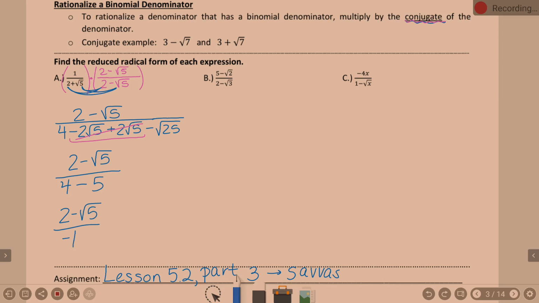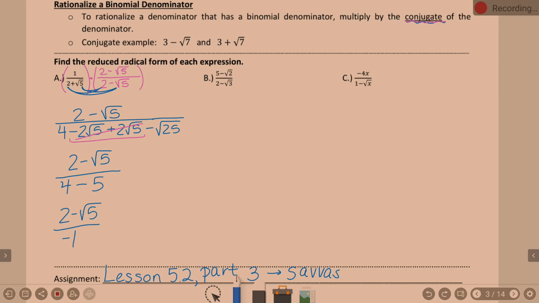Now, go one more step. Don't leave your answer like this. You're dividing these by negative 1. Can you divide both of those terms on top by negative 1? Yeah, we can divide anything by negative 1. So what is 2 divided by negative 1?